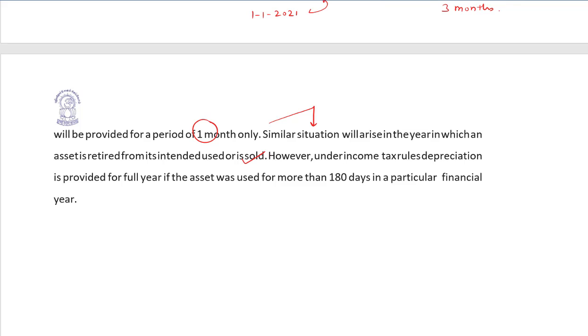However, under income tax rules, depreciation is provided for the full year if the asset was used for more than 180 days, that is more than 6 months in the financial year. But that is about the income tax rules. We'll be focusing on accounting rules here. So as per the accounting rule, we will be calculating the proportionate period and depreciating the amount for the proportionate period only. I believe you understood this.